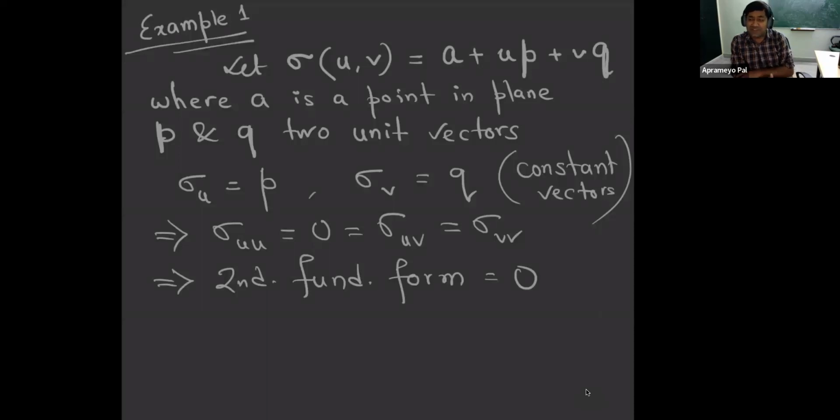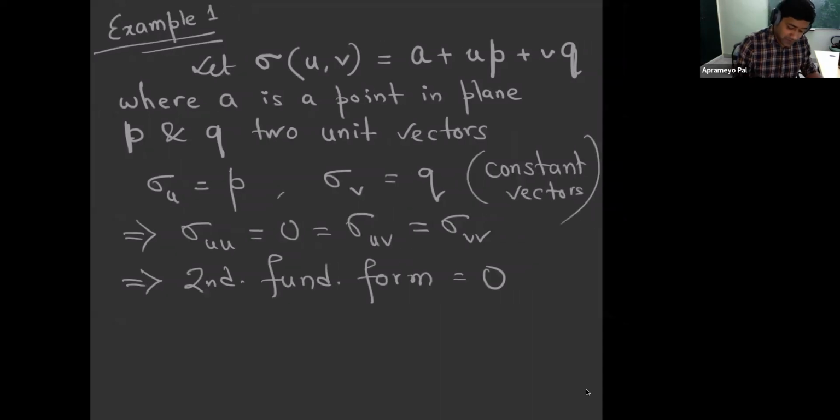It is measuring how the surface is deviating from being a plane at each point, and since it is a plane, there is no deviation at all. So okay, that's fine. Let's consider some non-trivial example.